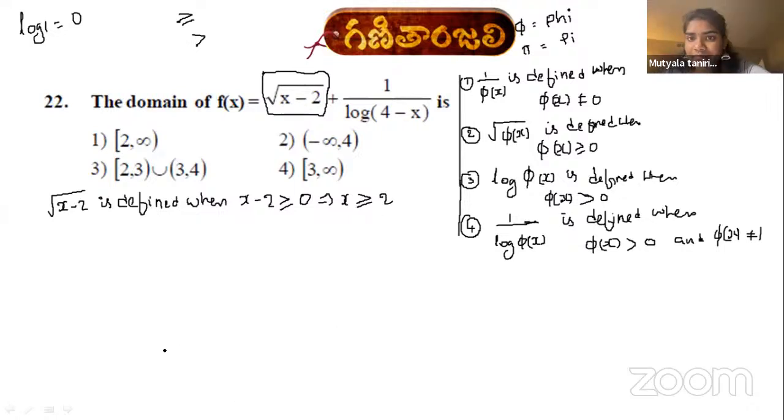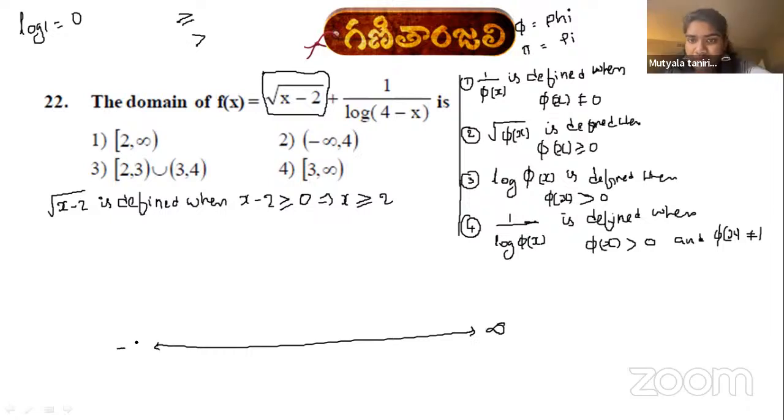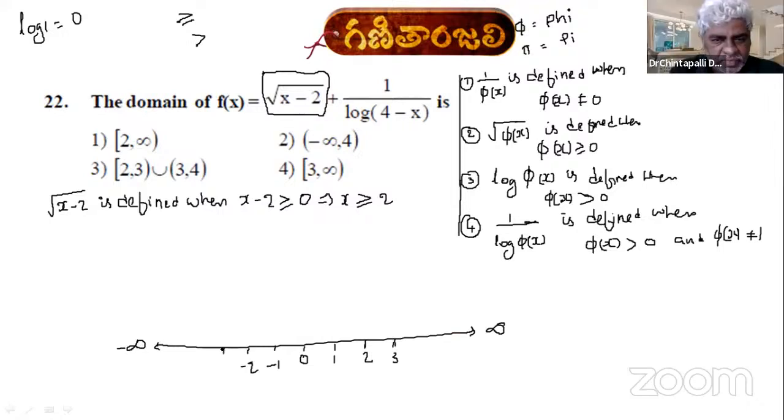Yes. To get the domain, let us use a number line. 0, 1, 2, 3, minus 1, minus 2, minus 3, and so on, right?